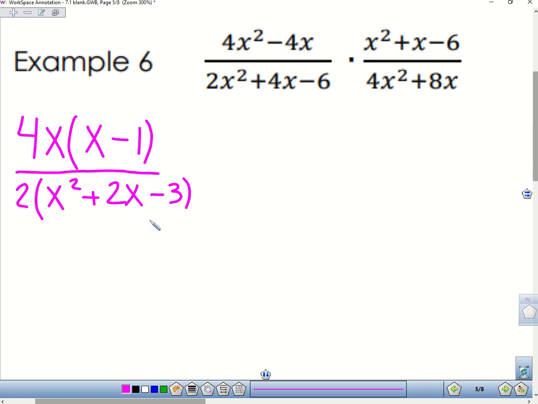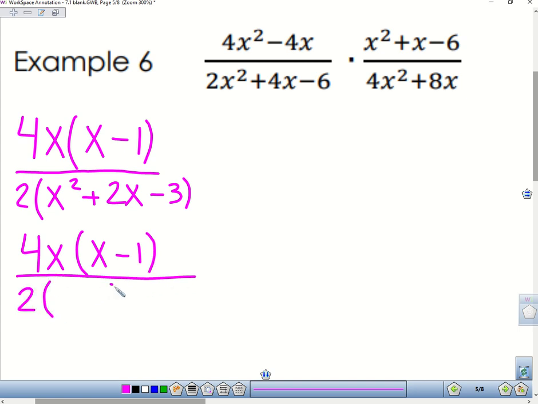And then we're not finished factoring this because now we're going to have to factor this into 2 binomials, right? So we're looking for factors of -3 that add up to a +2. Good. +3 and -1.